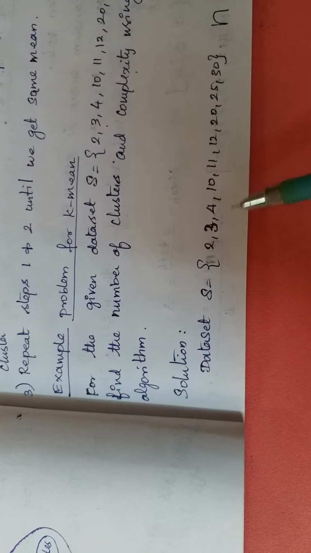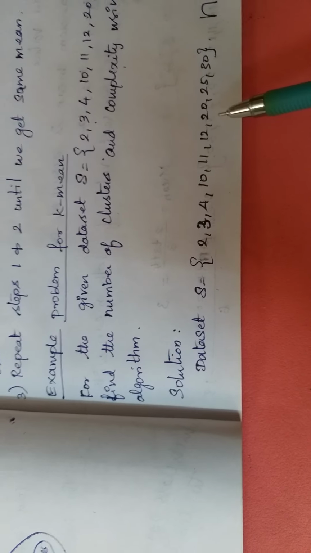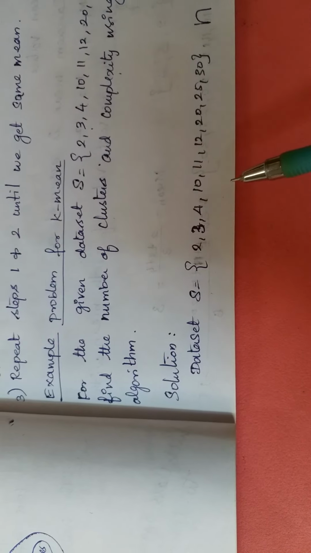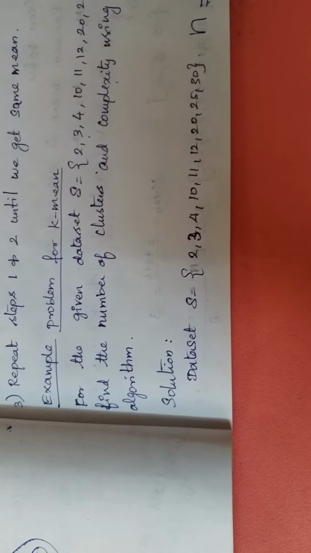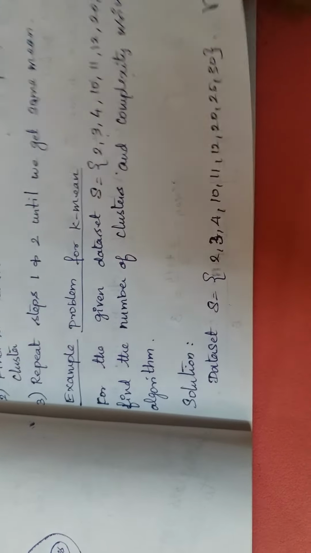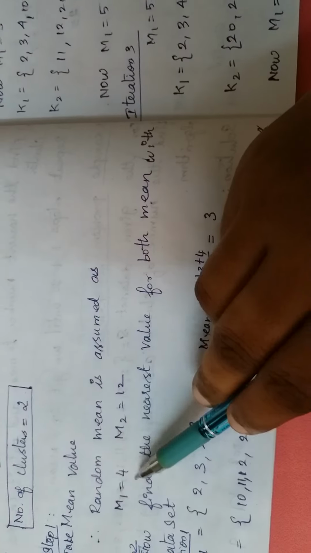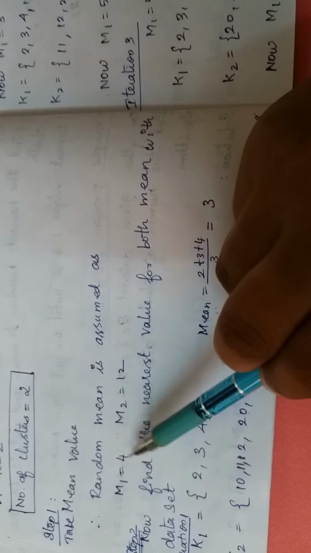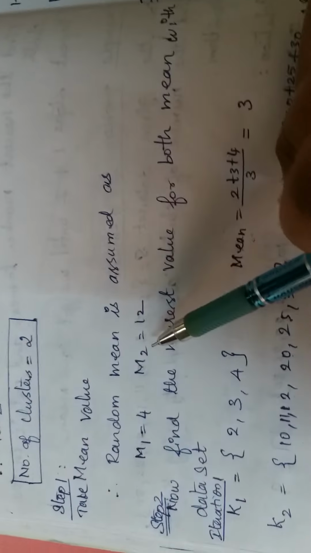In the first step we do not have any mean values here. Is that clear to all of you? In the first step we do not have any mean values, so we are going to choose random values here. The random values chosen as means are 4 and another one is 12. We have to choose 4 and 12 from the data set.